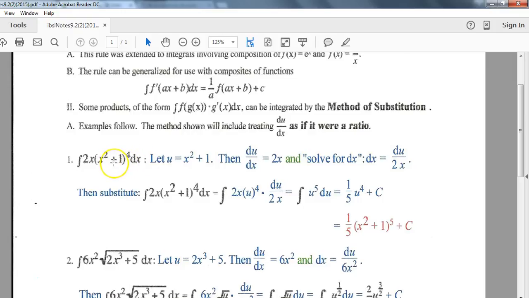If you just look at it the same way you did yesterday's stuff, here's what that would look like. Here's our interior function, and we're going to have our exponent right here. If I add one to this, I get 5. I'm then going to divide by that number, so I'm going to divide by 5.